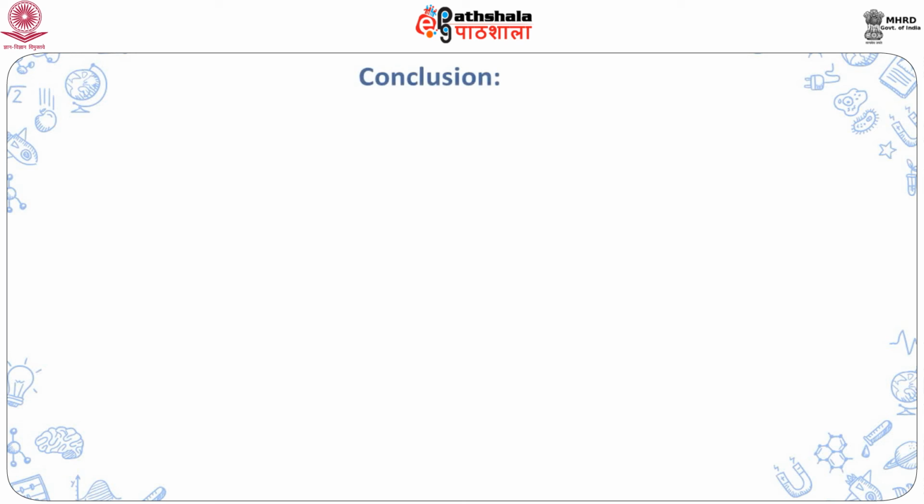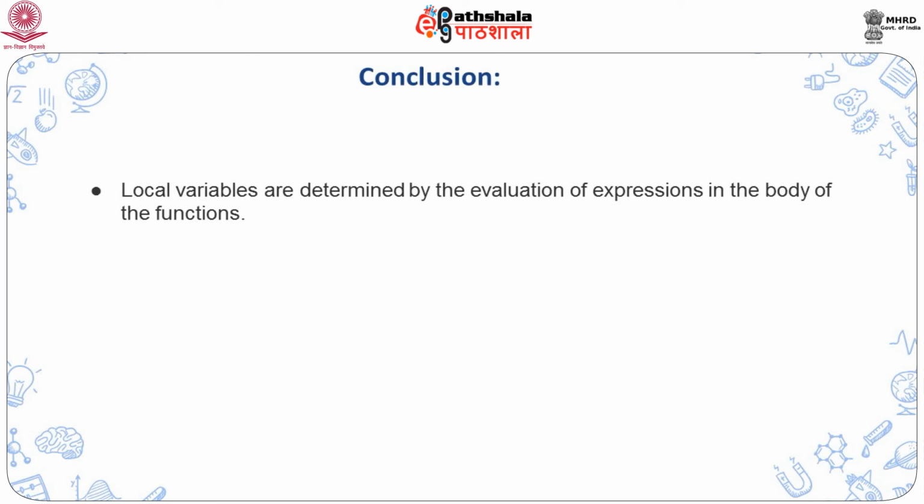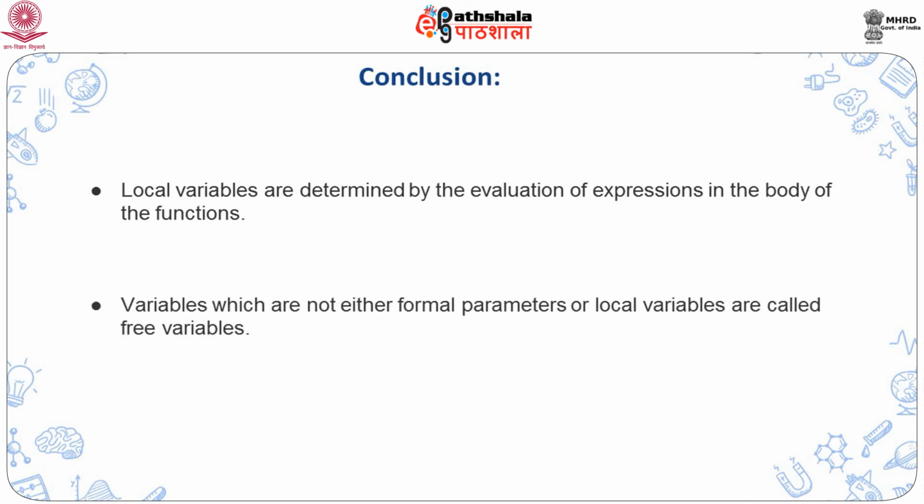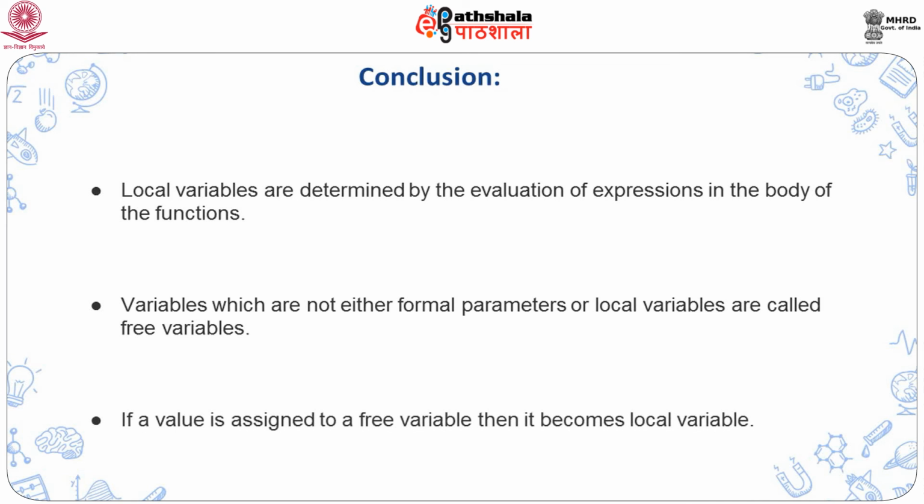Local variables are determined by the evaluation of expressions in the body of the function. Variables which are neither formal parameters nor local variables are the remaining ones, that is, the free variables, and if free variables are assigned, then they become local variables.